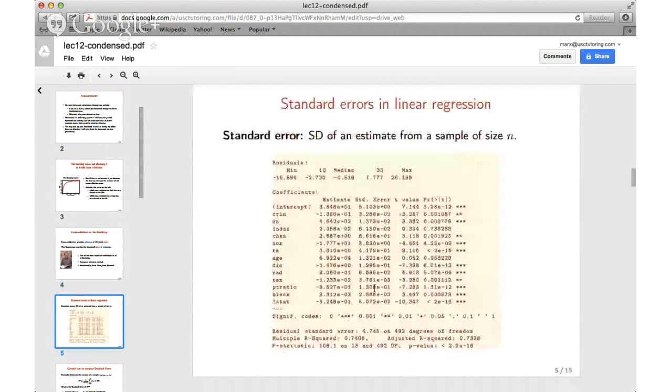So, standard errors in linear regression. Imagine we did a linear regression, right? And we get standard errors for each of the variables or parameters or predictors, whatever you call it. Standard error is the standard deviation of an estimate from the sample size n, right?